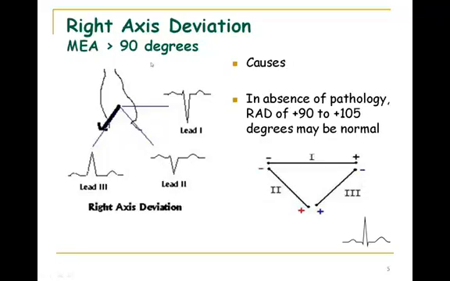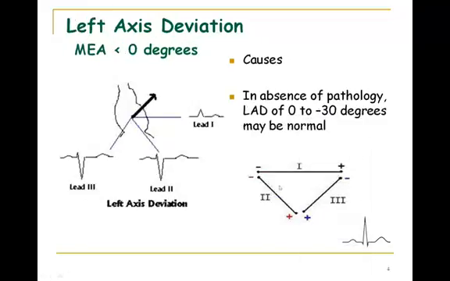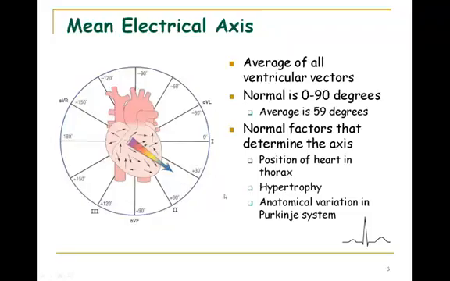So let's define right axis deviation first. A right axis deviation is a mean electrical axis greater than 90 degrees. So here, I'm going to go back to this earlier picture. It really is, technically, a mean electrical axis greater than 90 degrees up to 180 degrees.